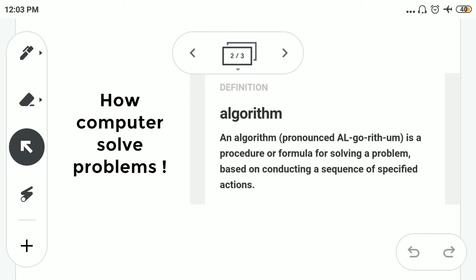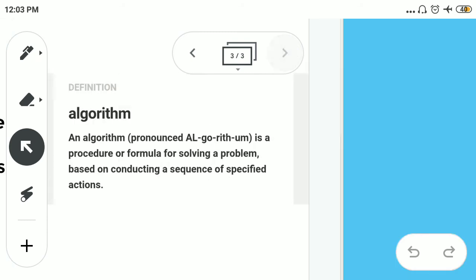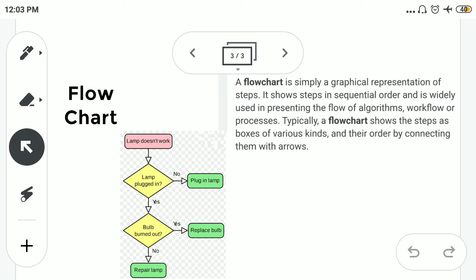Next, there is another way of producing a solution for a problem: the flowchart. This is a way of analyzing the problem and analyzing the solution of the problem. This is meant for human understanding.